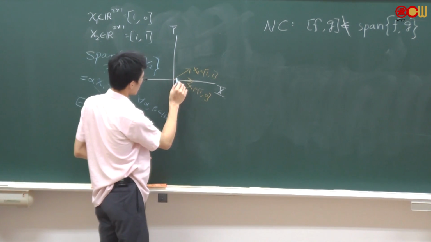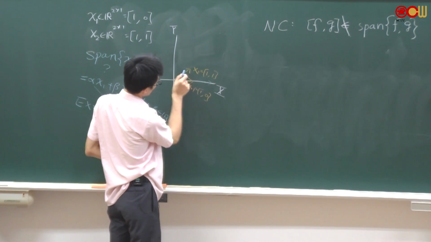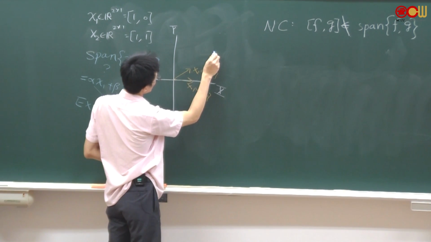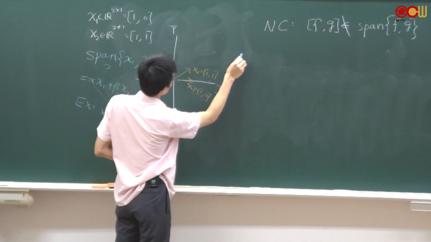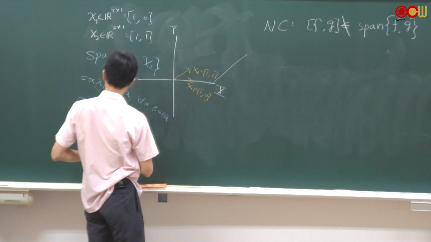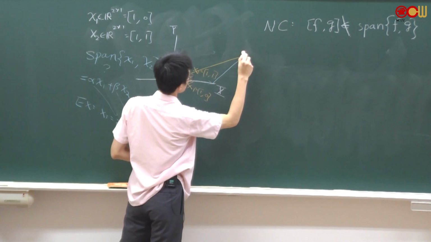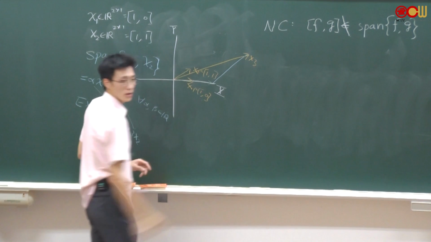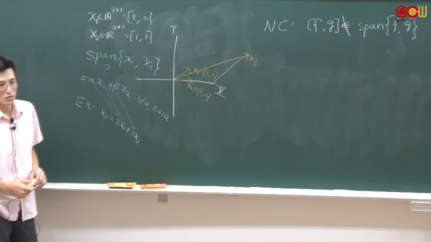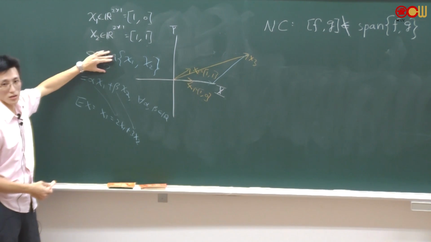That will be this 2 times x1, 3 times x2, right? So this is x3. Okay, linear combination. Span is a space, so x3 belongs to this space.